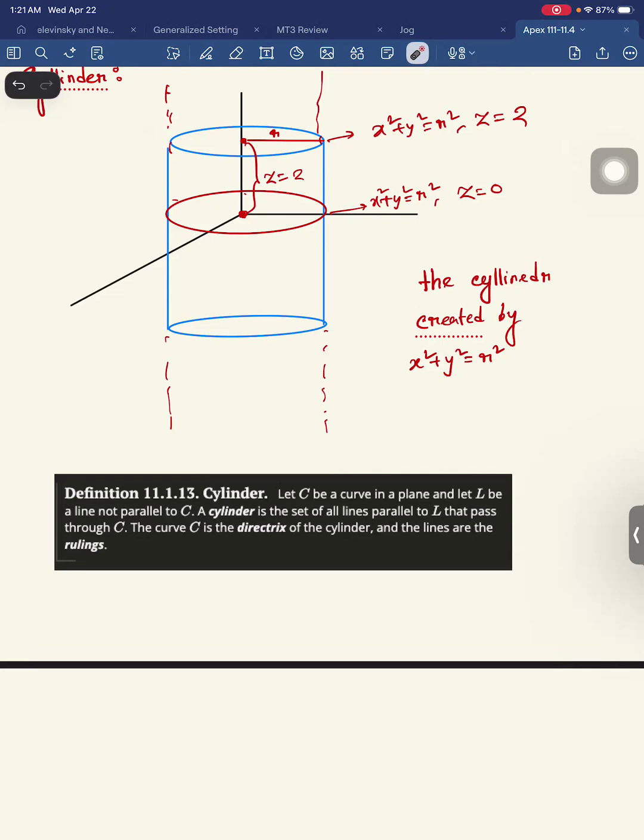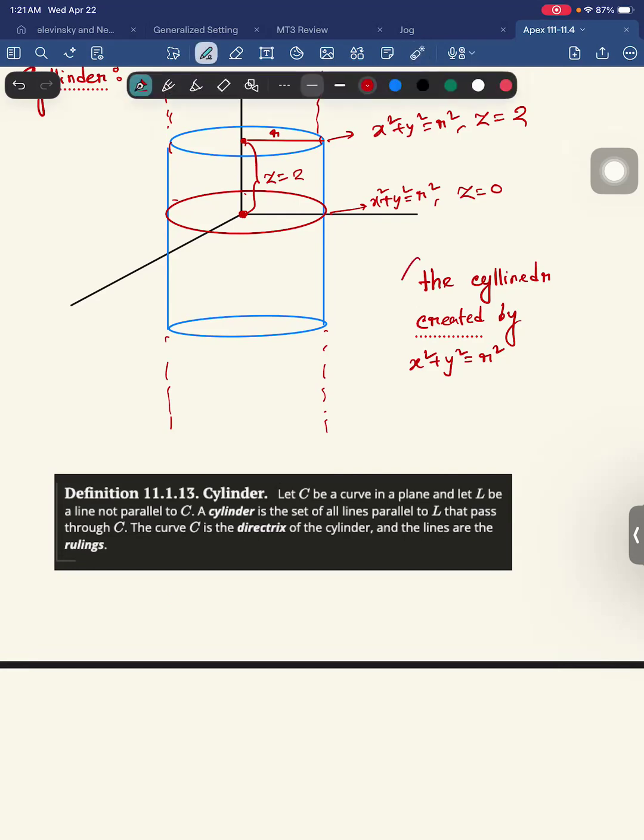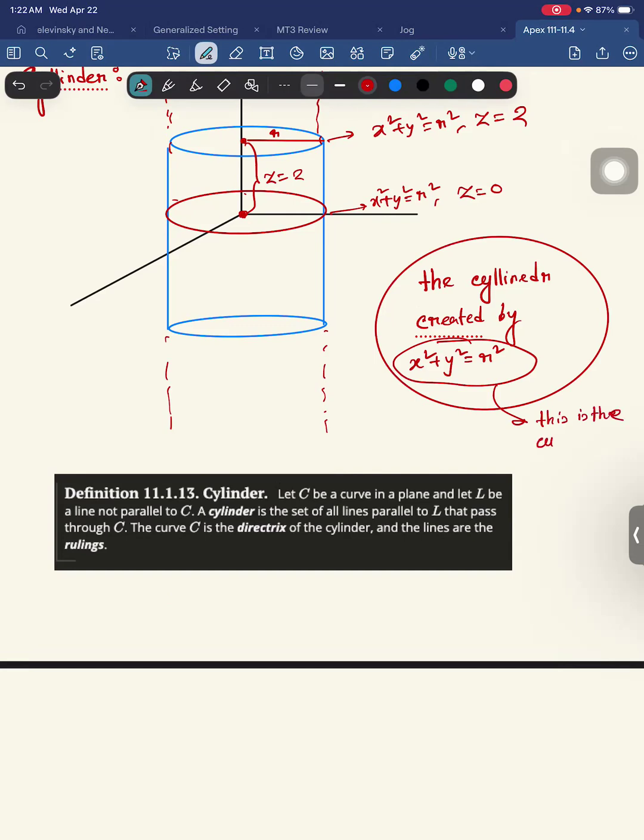So this is the curve C. Instead of imagining a circle on your floor, you can imagine any 2D shape on the floor and still keep putting it throughout the entire height of your room, and you will still get a structure.